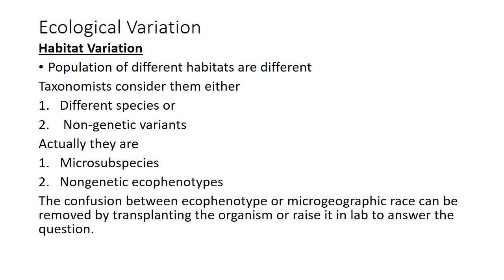Some authors describe them as different species, while others diagnose them as non-genetic variants. They may be microsubspecies, or they may be called ecological races. Secondly, they may be non-genetic ecophenotypes. A major example of such plasticity in phenotype is found in freshwater snails and mussels.